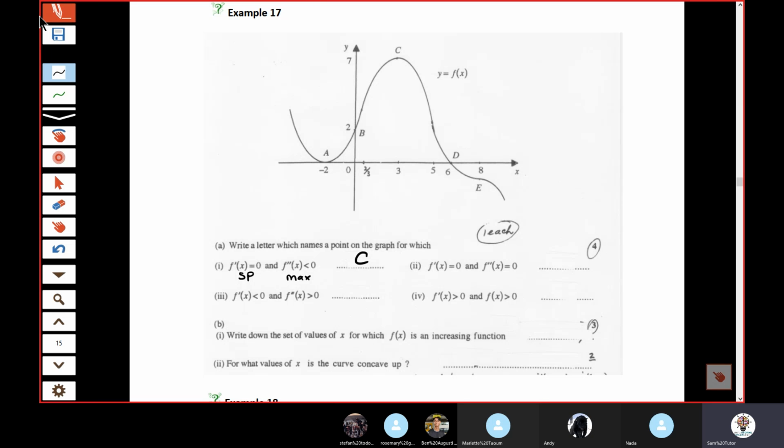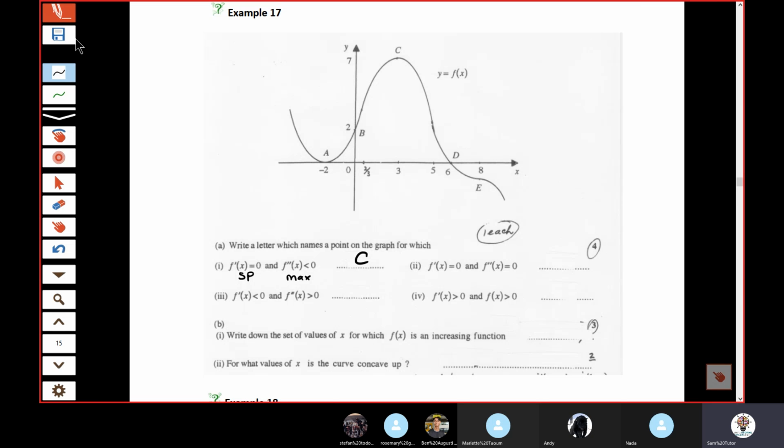Is y dash less than 0? It is decreasing. Above the x, y squared is 0.